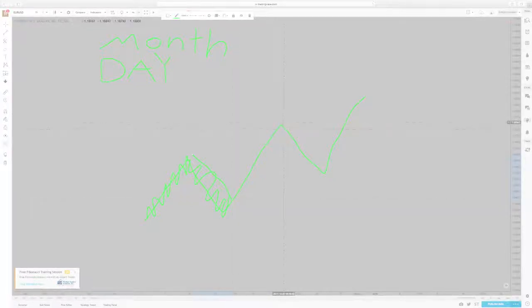Actually, let's use this one right here. So this is a day chart right here, just up and down, going from the month into the day. The day looks more choppy than the month because there's way more candlesticks. There's about, I'm just gonna say like 25.